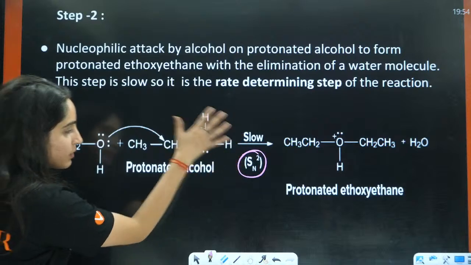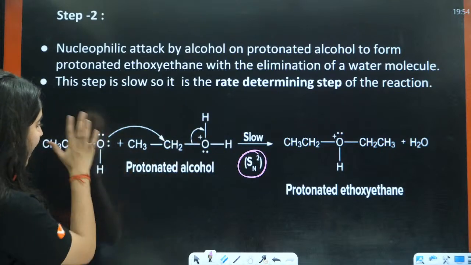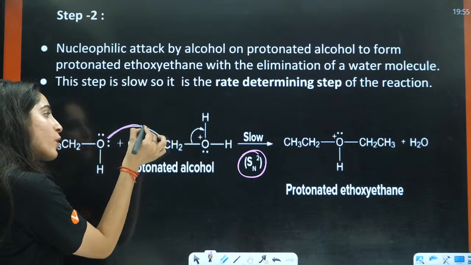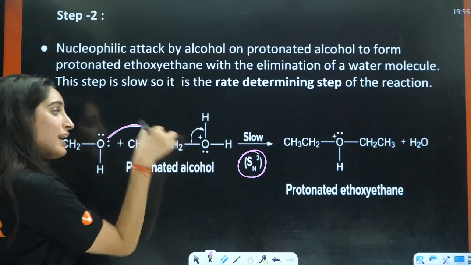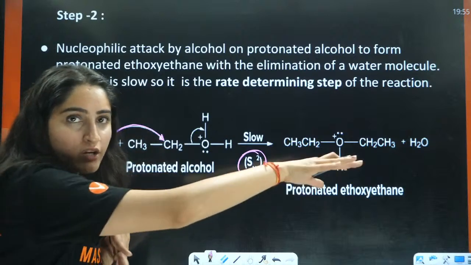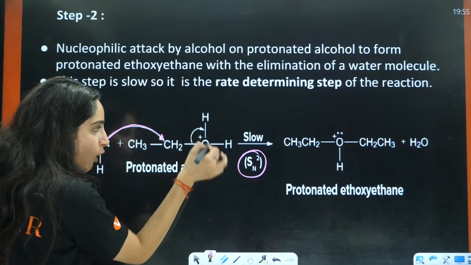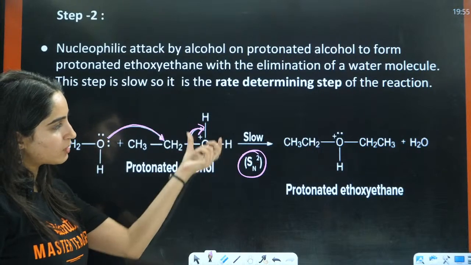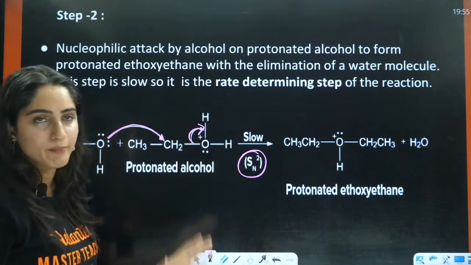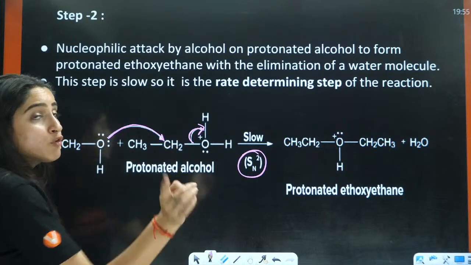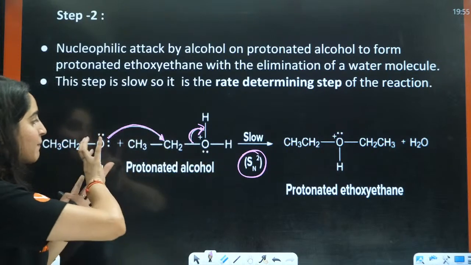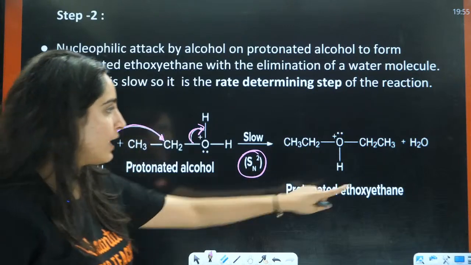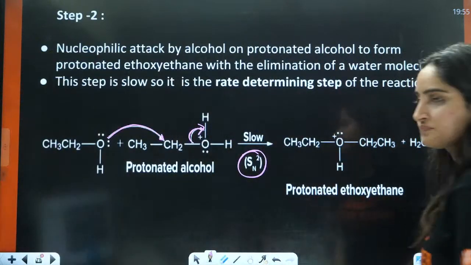So what will happen? This protonated alcohol and this simple alcohol: the lone pairs are going to attack this carbon and hence in that transition state, the water is going to get eliminated. The electrons will be taken by the water and it will eliminate, right? But there will be no formation of carbocation. Simultaneously, this other alcohol will attack here and hence you will have the formation of this thing.